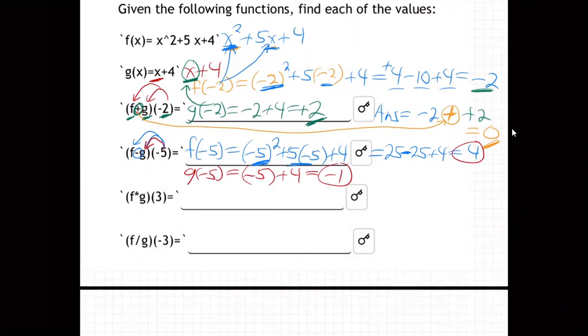Now, what am I supposed to do with those two answers? Subtract them, right? Because there's a minus here. So I take the first answer I got, which is 4, the second answer, minus 1, and I put a minus sign between them, this minus sign right there.